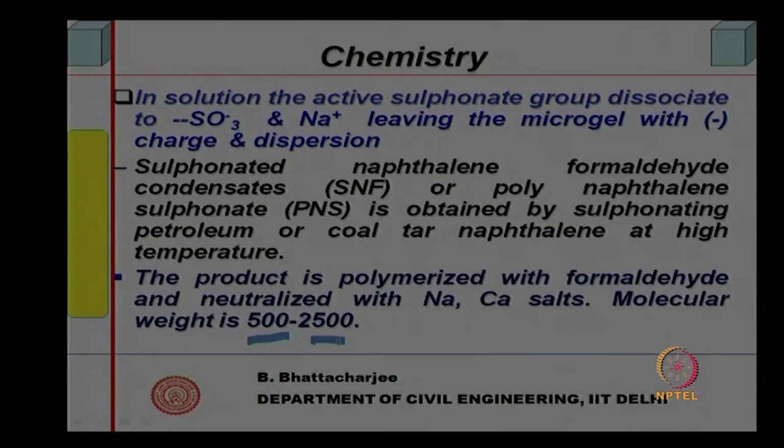That is why the quantity adsorbed onto the cement surface is more, and therefore more negative charge, therefore more action compared to plasticizer. So, less molecular weight, more negative charge, because more can be adsorbed onto the surface of the particle, and therefore more dispersion.